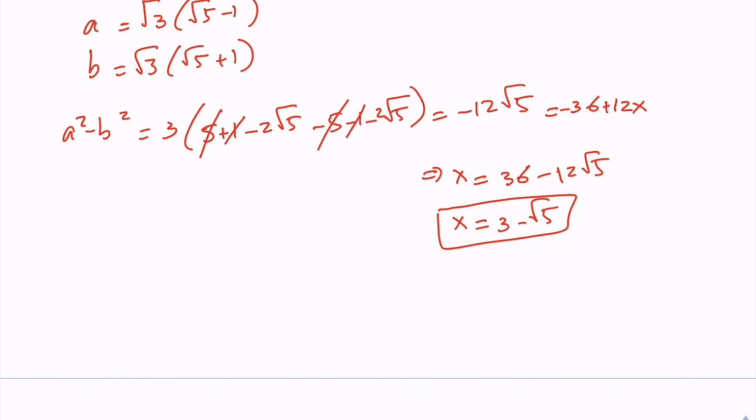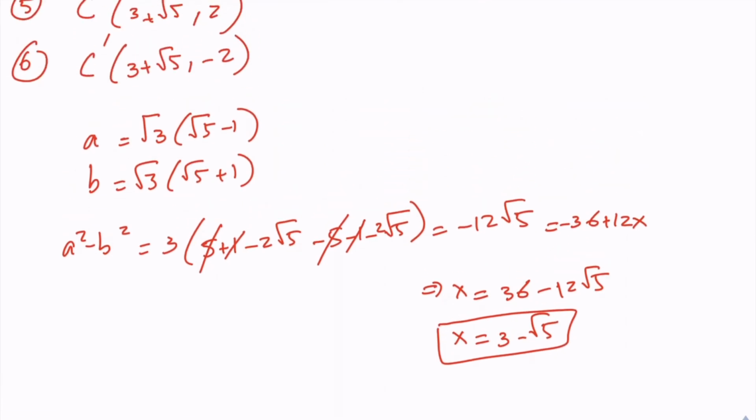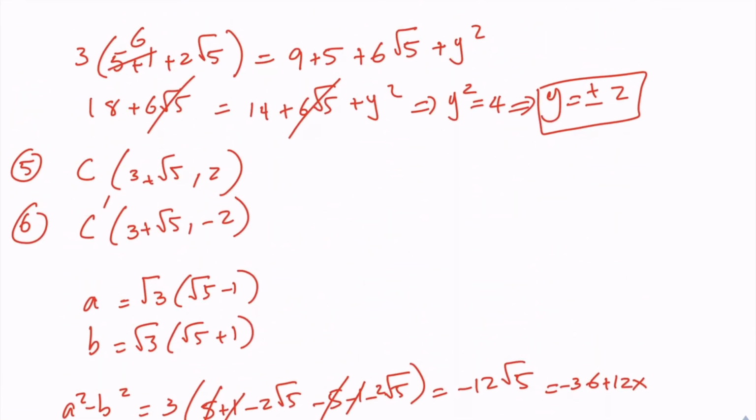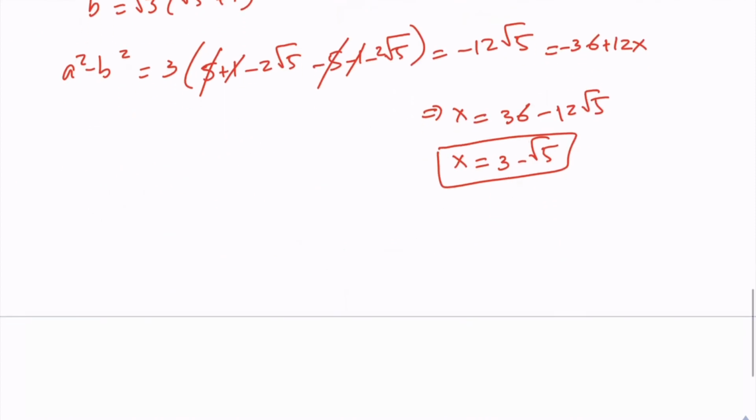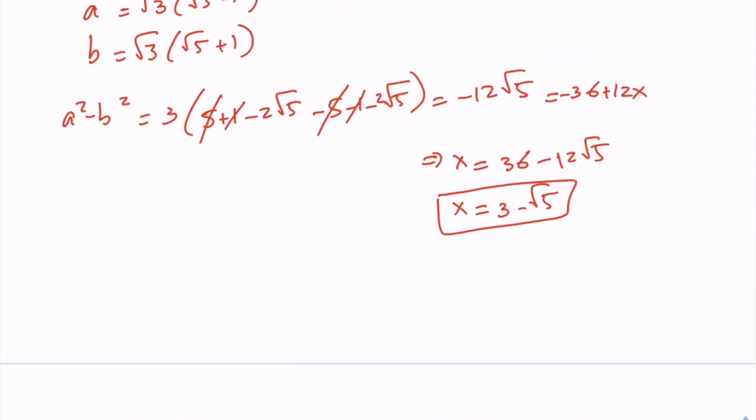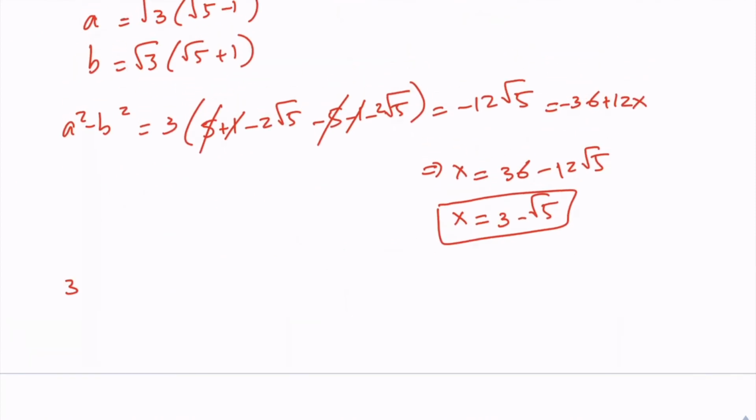So if x is this number, we know that a squared is x squared plus y squared again. So a squared is 3 times 5 minus 2 square root of 5 plus 1, which is x squared, which is 9 plus 5 minus 6 square root of 5, plus y squared.